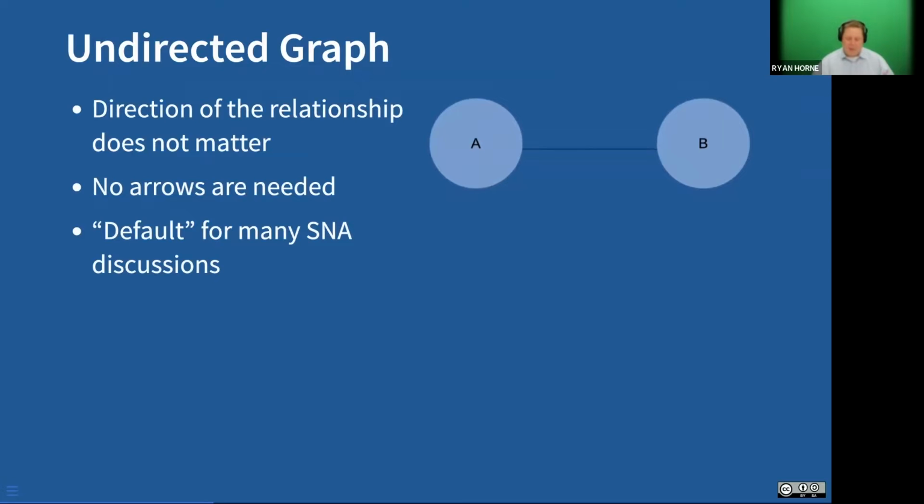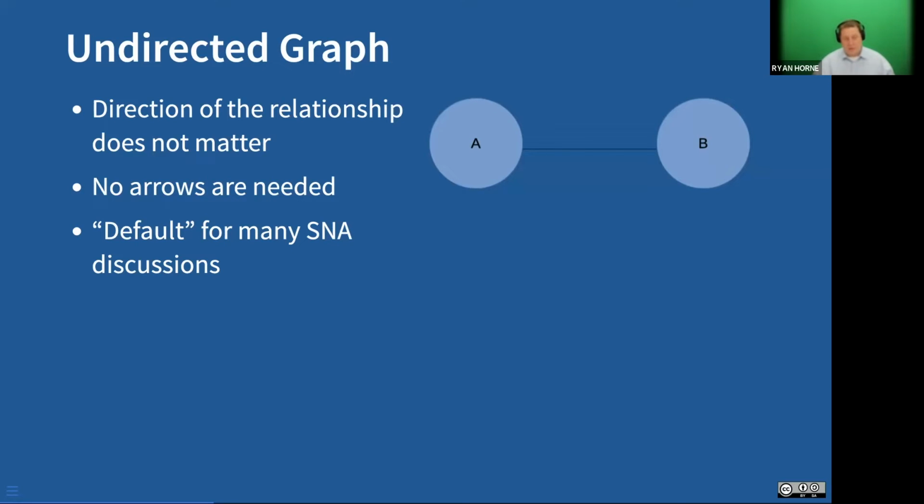Okay, well, what kind of graphs are we dealing with? The standard famous graph that you're probably going to encounter most of the time, or make most of the time, is something called an undirected graph. This is where the direction between the two nodes simply doesn't matter. So we're saying that, say again, this workshop, if you're attending the workshop with somebody else who's attending the workshop, there's no directionality to that relationship. You're both in the workshop. They don't need any arrows.